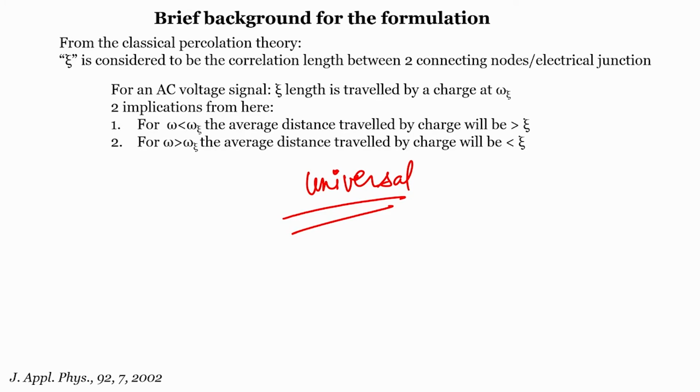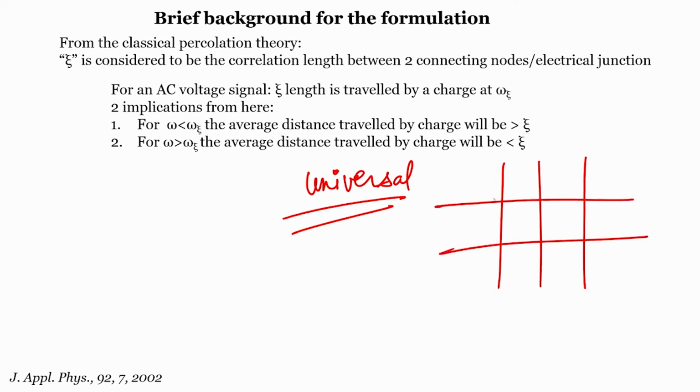We discussed percolation theory. When we were discussing percolation theory, at multiple instances I had used the term nodes, and this is something I had drawn again and again. This is a very standard example, and this may not be the case in real life systems. So let's say I take a real life system and there are conducting islands.